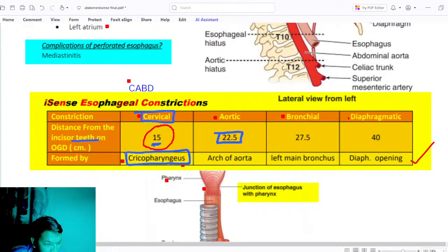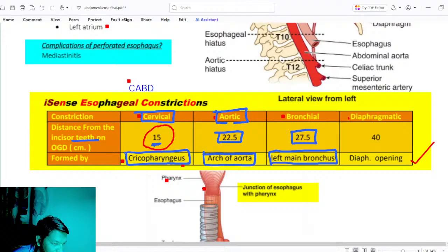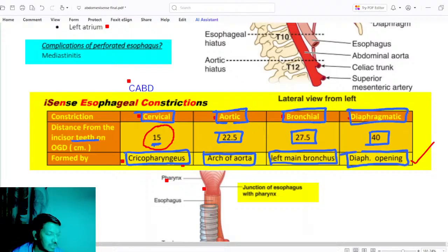At 22.5 centimeter, because of the arch of the aorta, there is aortic constriction. At 27.5 centimeter, by left main bronchus, they have a constriction called bronchial, and after 40 centimeter, because of the diaphragm opening, they have diaphragmatic constriction.